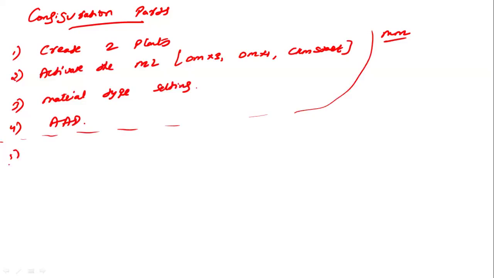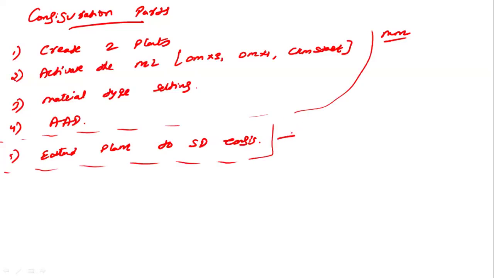And then you need to extend plant to sales and distribution config. I'll show that, but this is a part of SD. Okay, and after you do this, you need to create the shipping point.